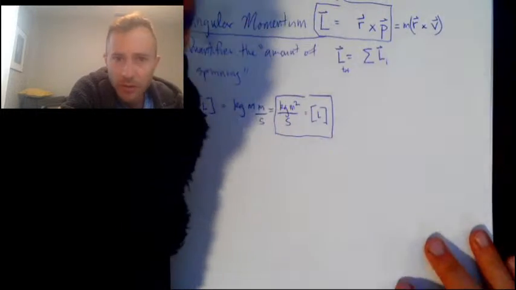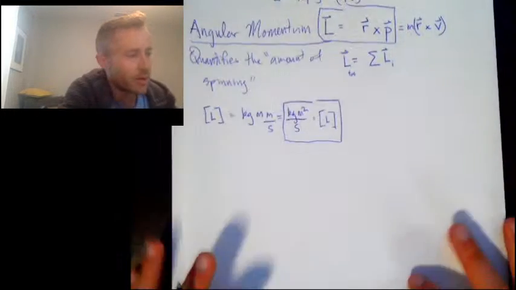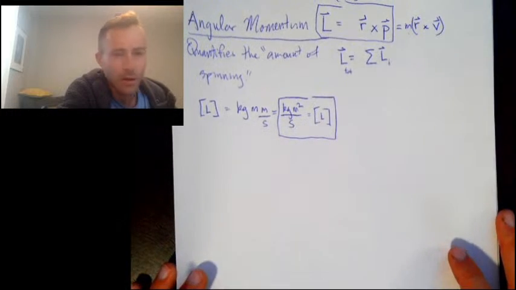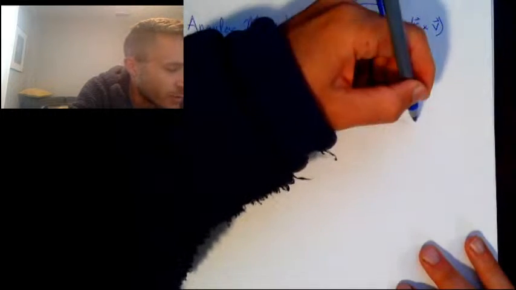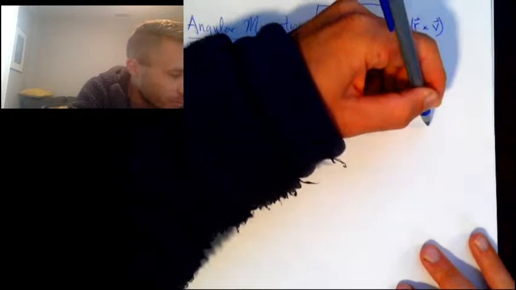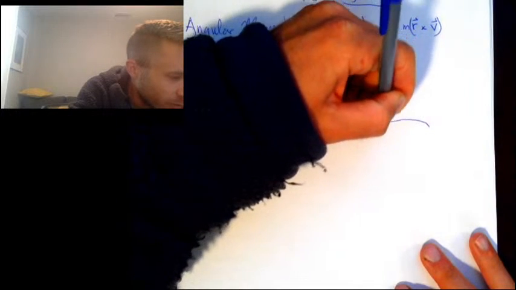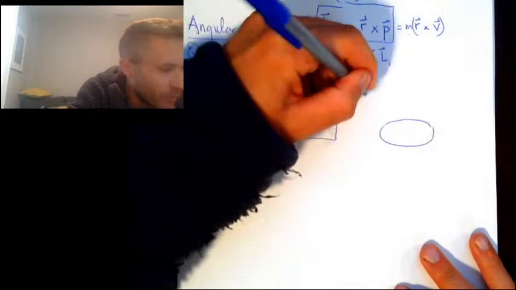What I want to imagine is, let's say, for example, a particle that is moving in some kind of a circle. Let's imagine we have sort of a 3D view of the particle.